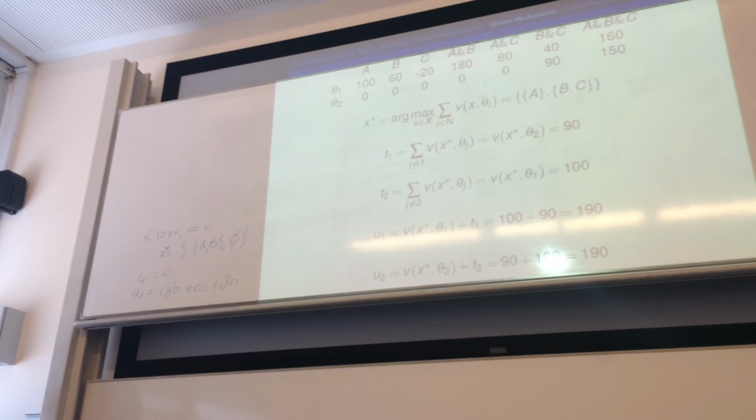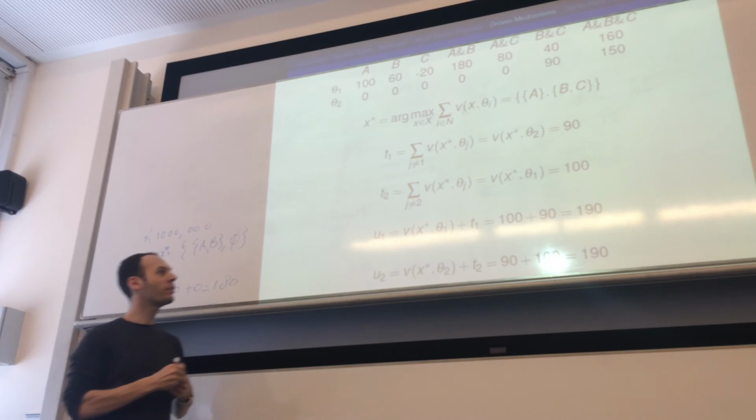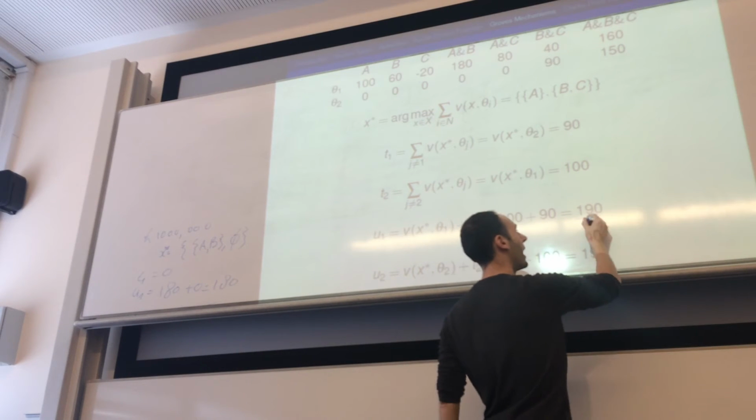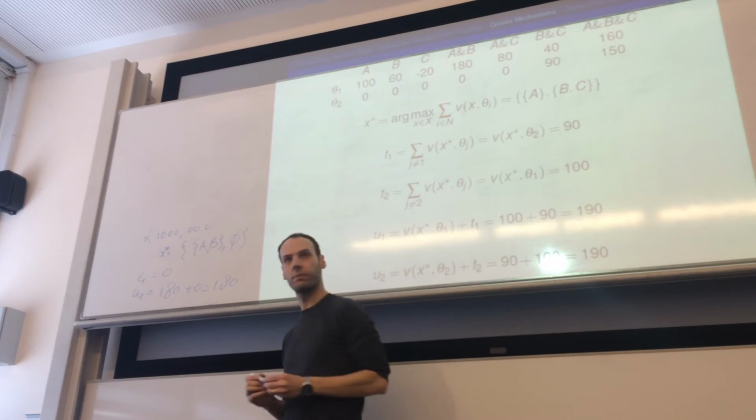So he's misreporting, thinking, oh, I'm going to get the bundle A and B. But his transfer changes because the allocation changes, and the transfer changes to a less favorable condition. So now his utility is 180. But if he reported truthfully, he'd get a utility of 190.